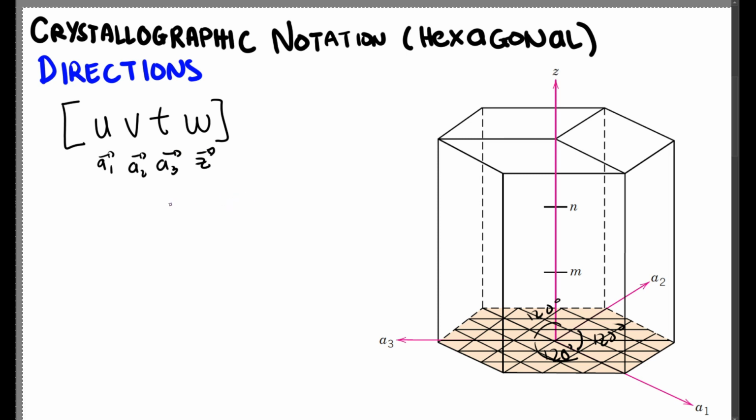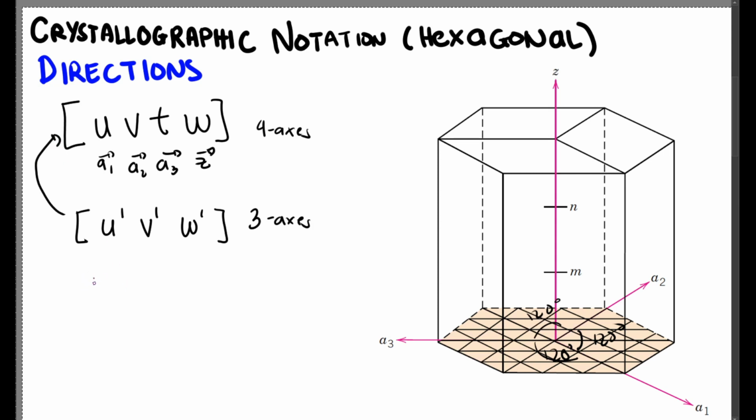And we can convert from the three-index system that we used for our other crystal structures before. In this case, we'll denote the three-index system as u prime, v prime, and w prime. So we can convert from u prime, v prime, w prime in the three-axis system to the four-axis system using the following conversions.